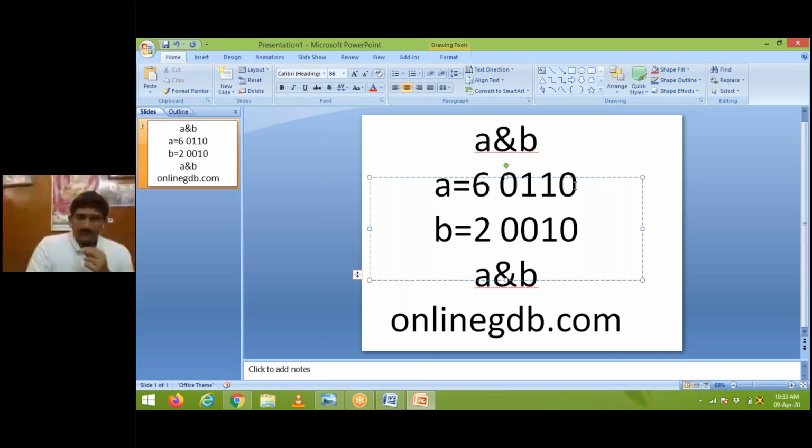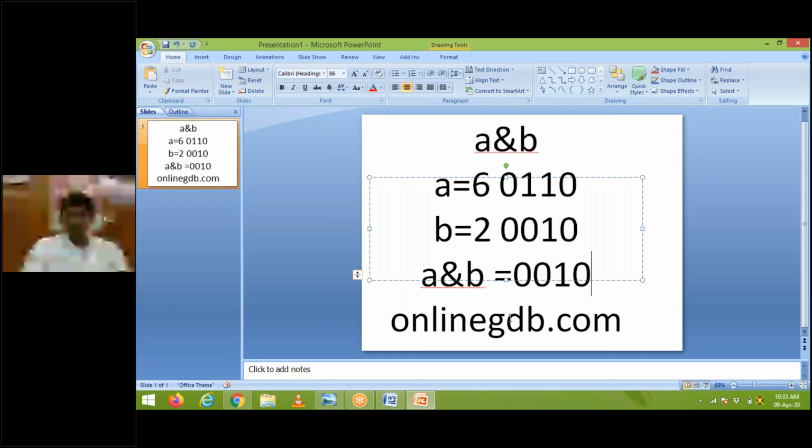See here, a and b equals. If either of the bits is 0, then it returns 0. If both bits are 1, then it gives 1. According to this rule, the result will be 0010.